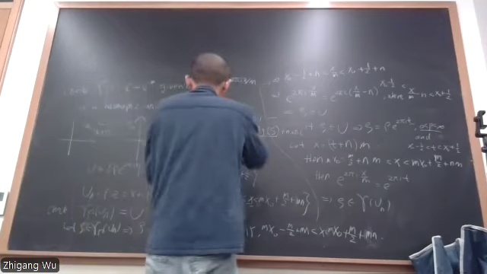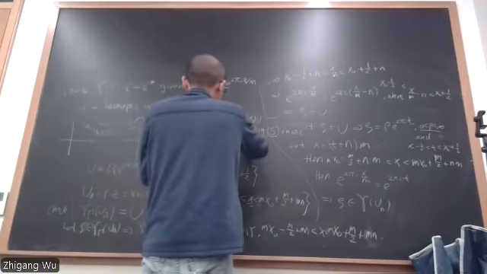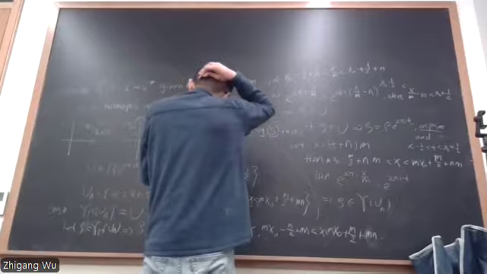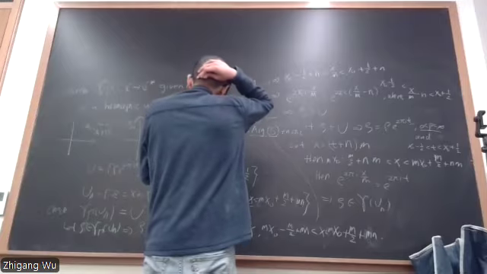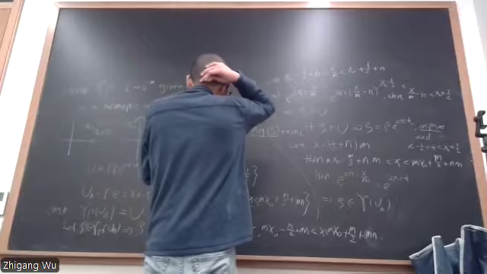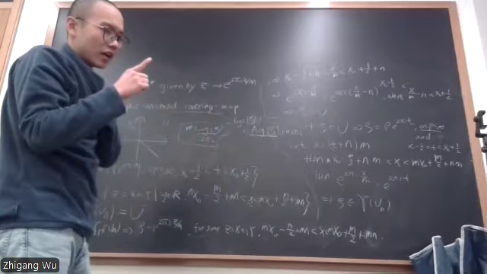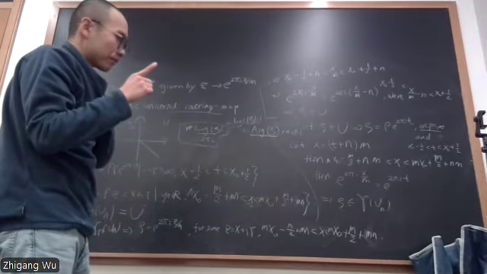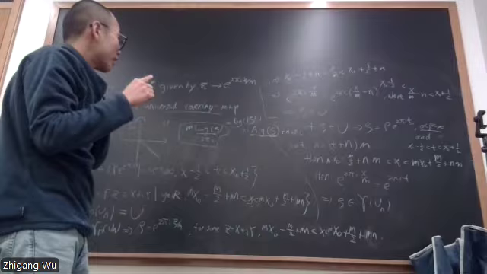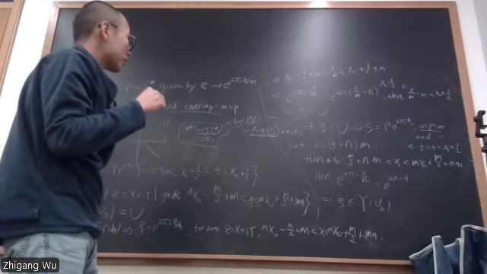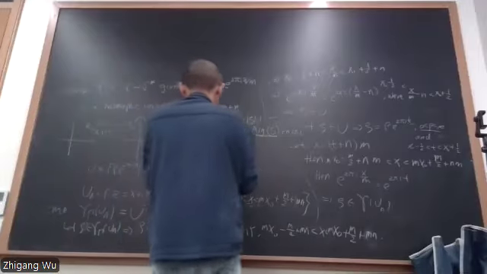So if you divide by 2 pi i here, this argument is divided by 2 pi, meaning that this guy actually stays inside the interval.